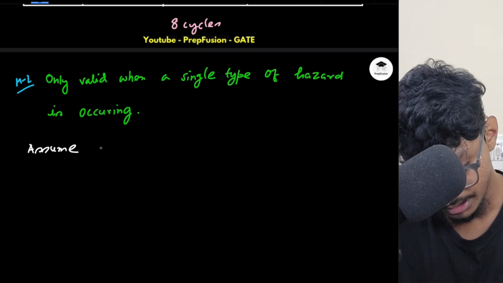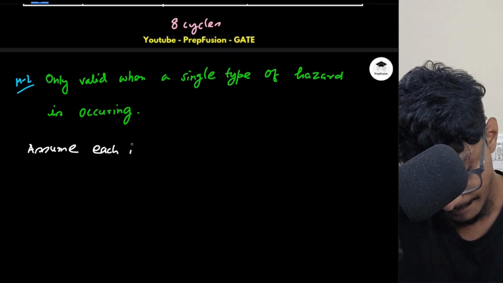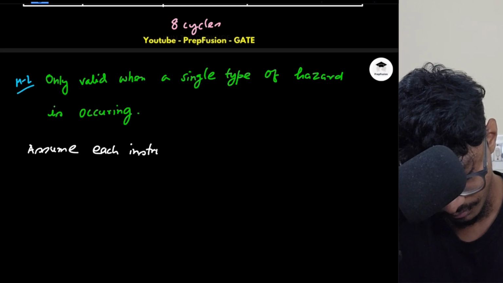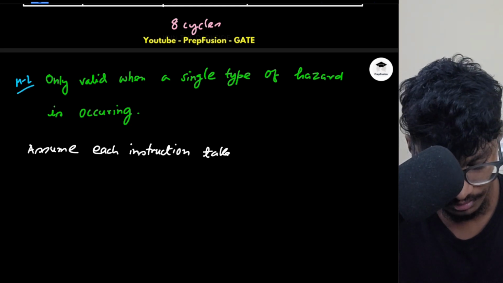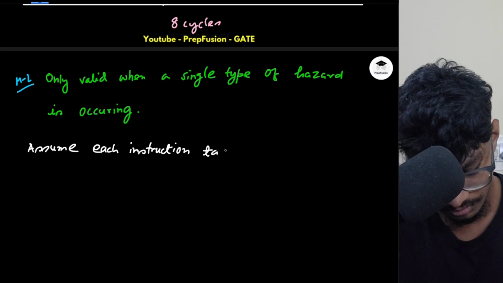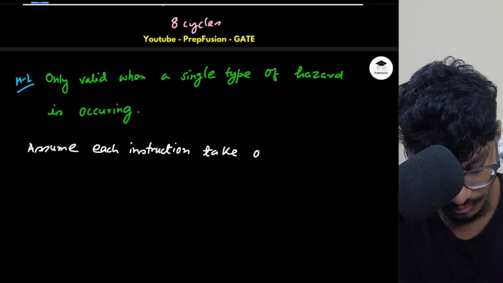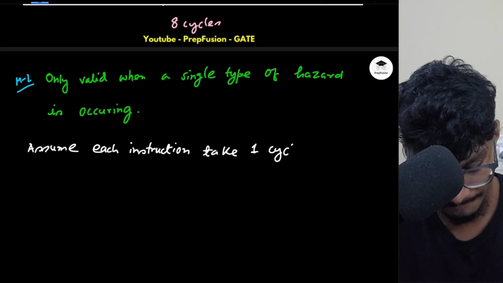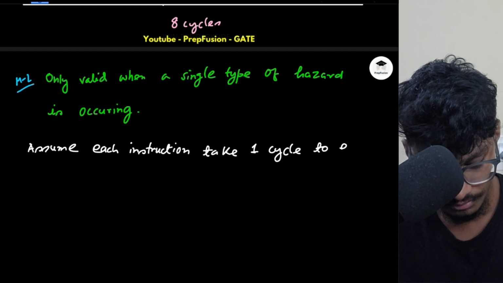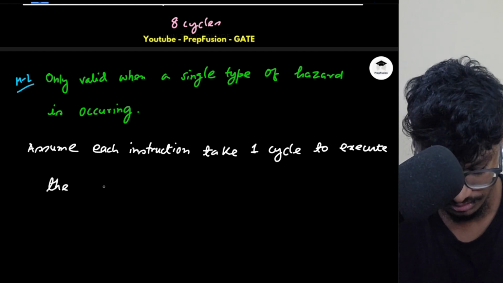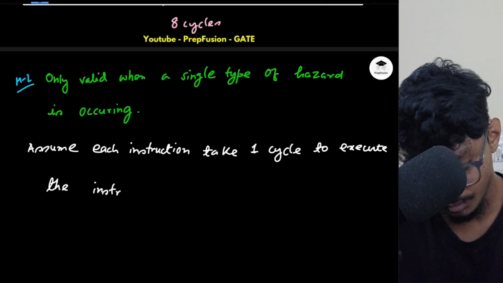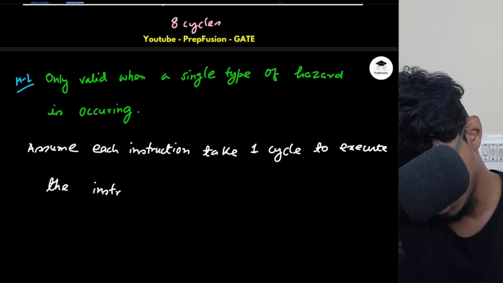So assume each instruction takes one cycle to execute. One thing I know, no need to assume in this one.